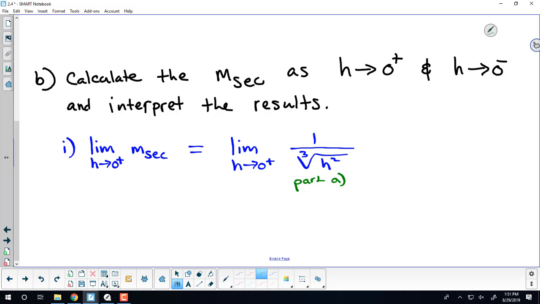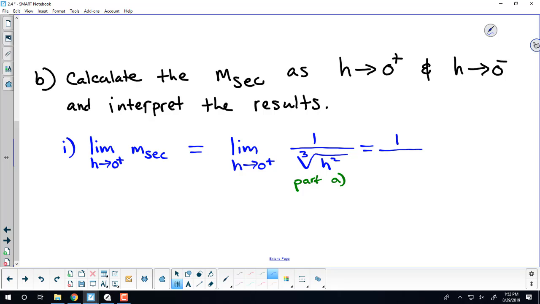So as h approaches 0 from the right, what does 1 over the cube root of h squared approach? Negative infinity? What do y'all think? Positive. Yeah. So the numerator is approaching 1. h is approaching 0 through positive values. Oh, zero, sorry, I'm sorry.